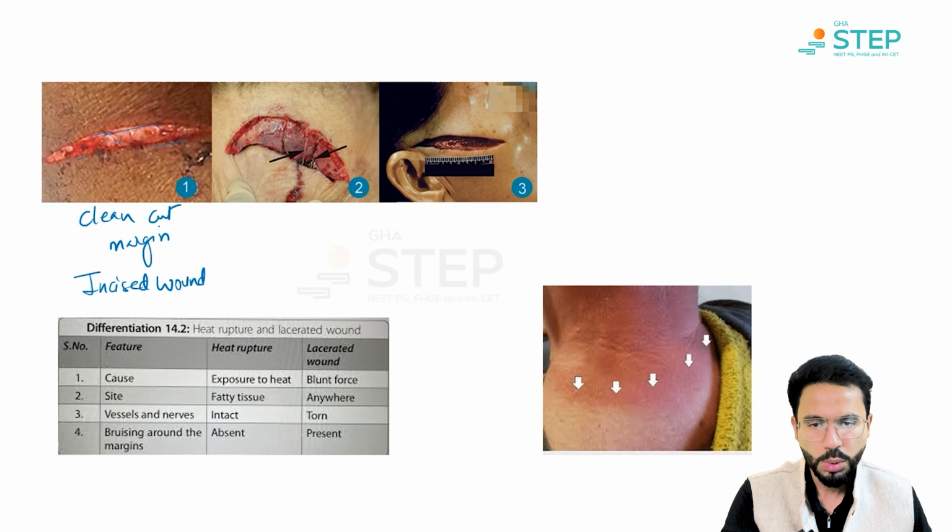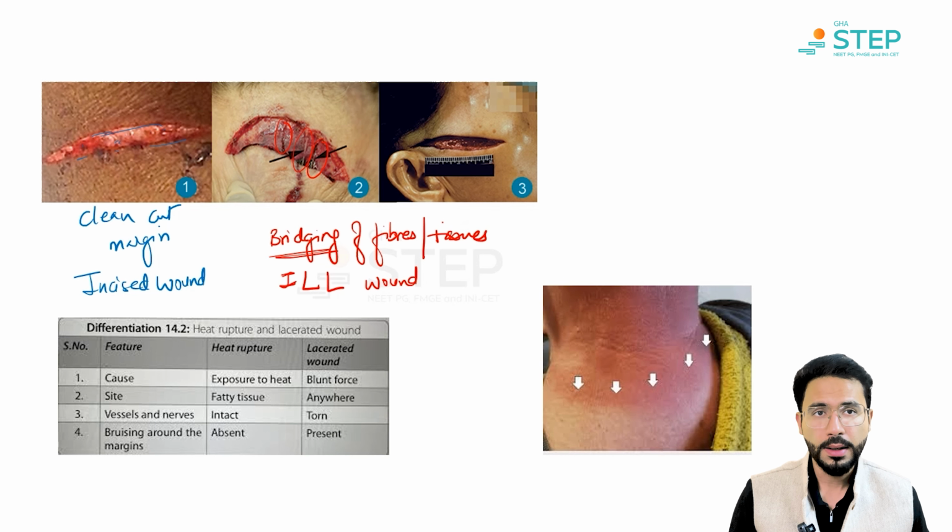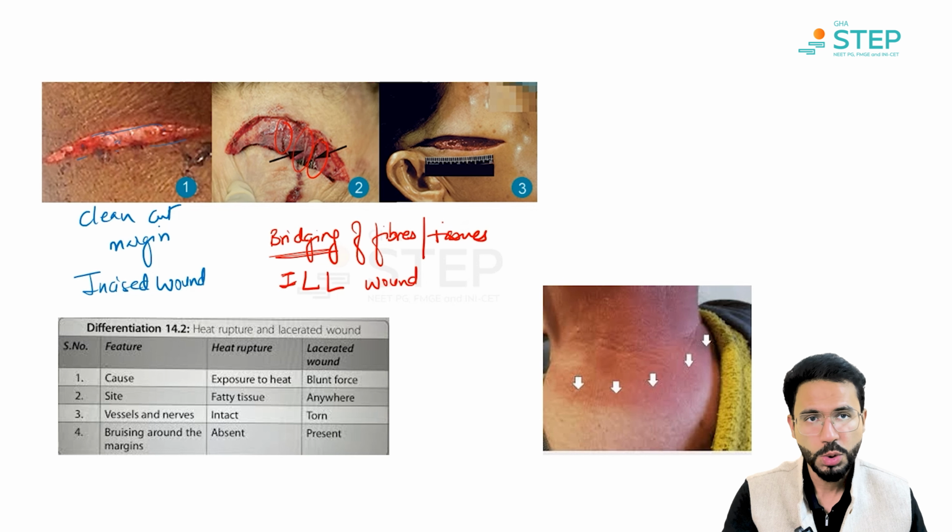Now what is the second image showing you? Look at these fibers. These fibers here at the base are known as bridging of fibers or tissues. These are seen in incised looking lacerated wound. A wound that is actually a lacerated wound, but caused by a heavy blunt weapon, will look like an incised wound, and the tissues will split open.